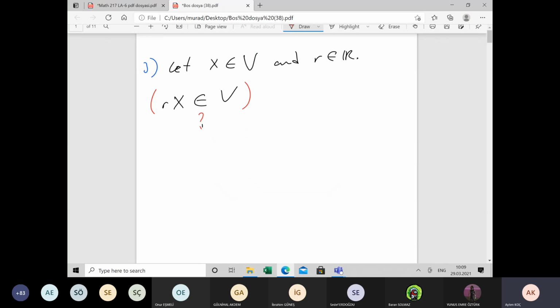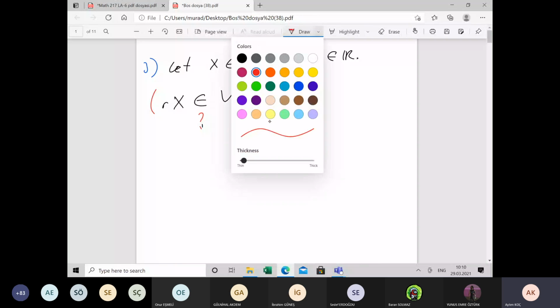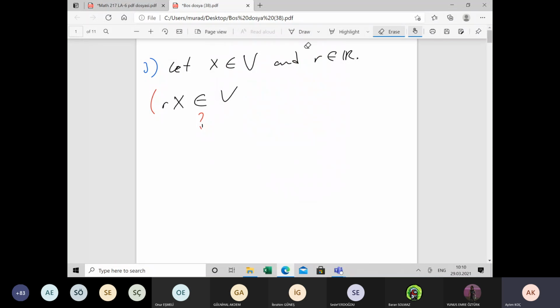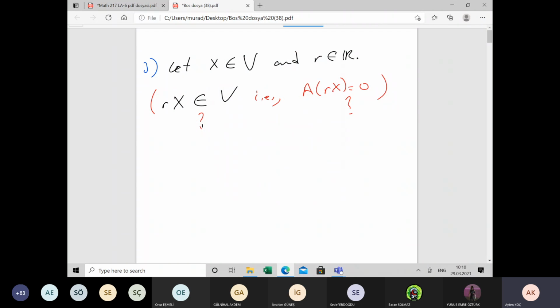What does it mean? It means that r times x is a solution of the system, so you have to check that A(rx) is 0. Let's look at A times rx.